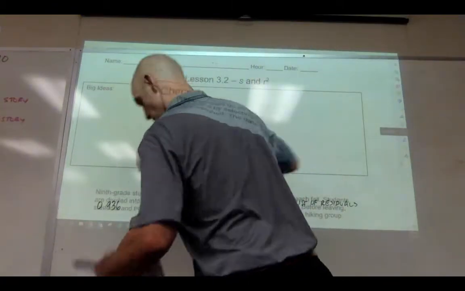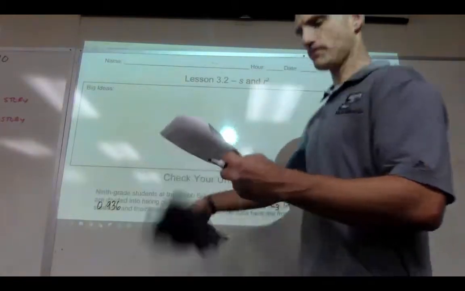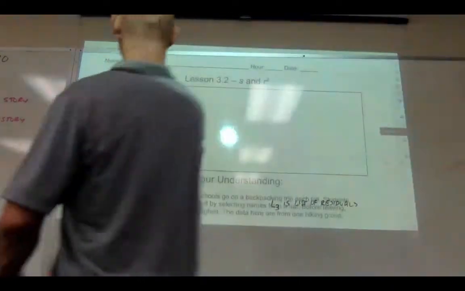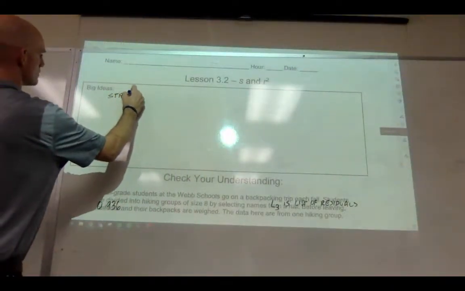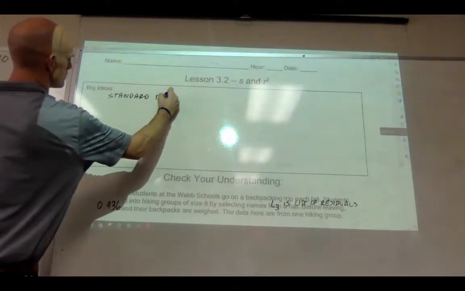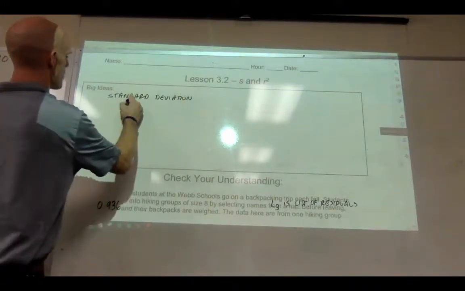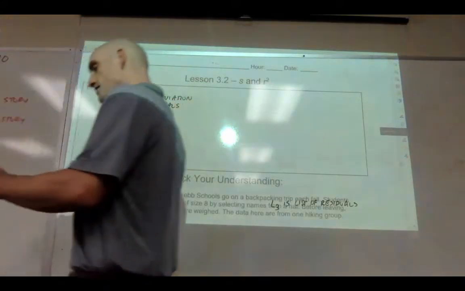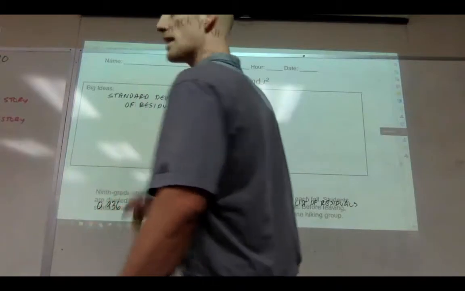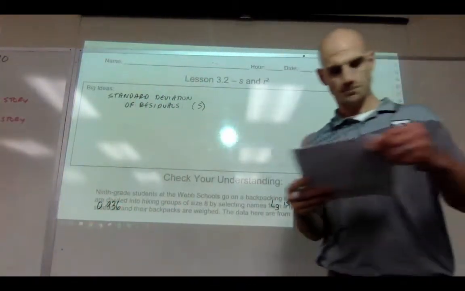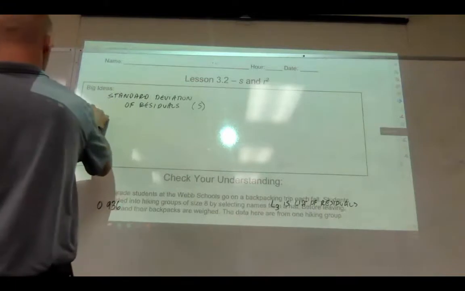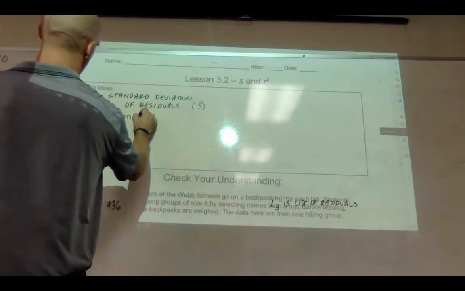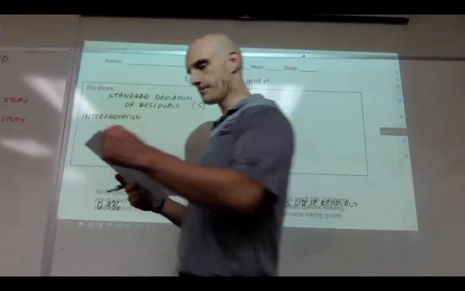Let's break this down a little bit. Standard deviation of the residuals, denoted S. Here's our interpretation, if they said interpret this value in context.